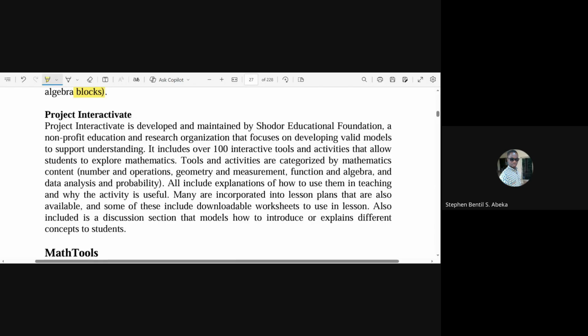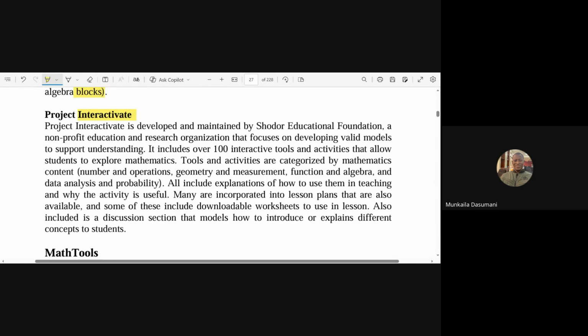All include explanations of how to use them in teaching and why the activity is useful. Many are incorporated into lesson plans that are also available, and some of these include downloadable worksheets to use in lessons. Also included is a discussion session that models how to introduce or explain different concepts to students. All right, thank you.